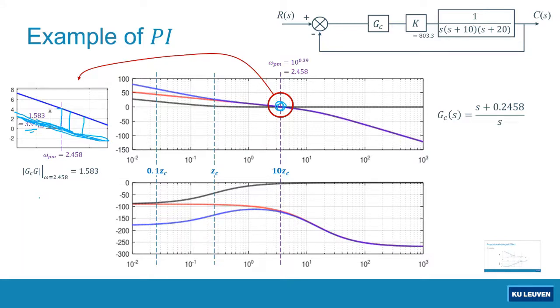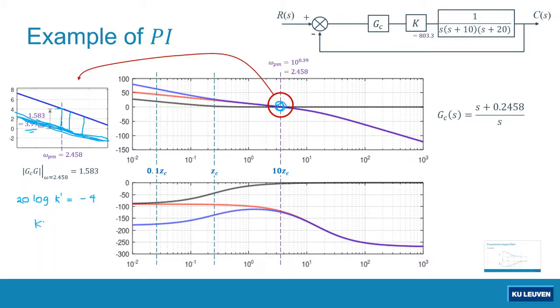4 dB means 20 log K prime, as I'll call it, should be equal to minus 4 dB, right? Because I have to bring it down 4 dB. That means I need an additional gain that will bring down the magnitude plot by 4 dB.